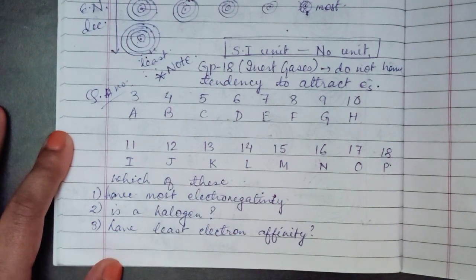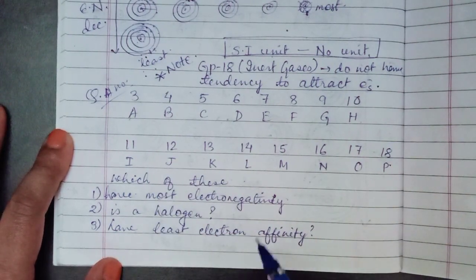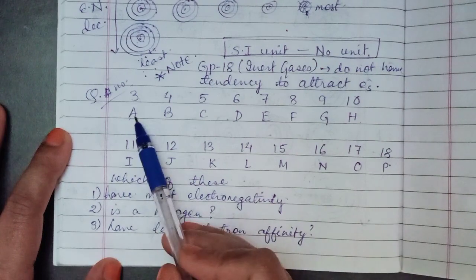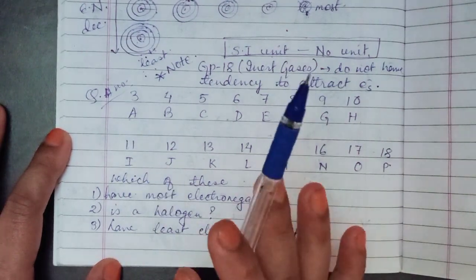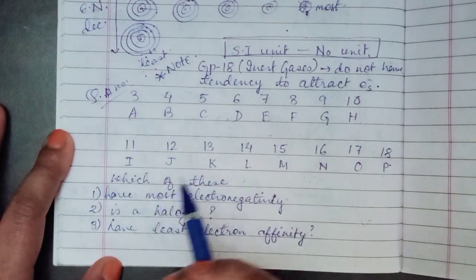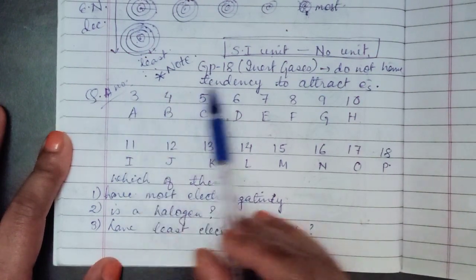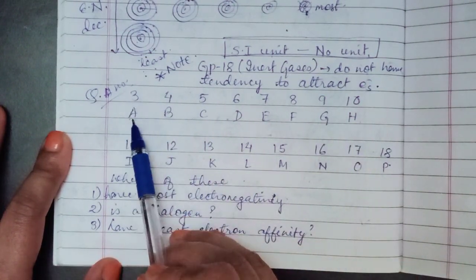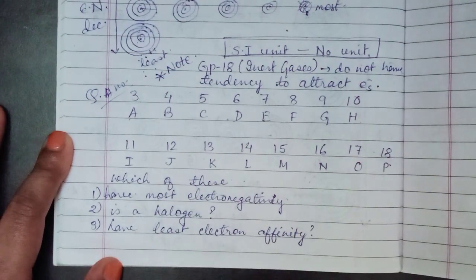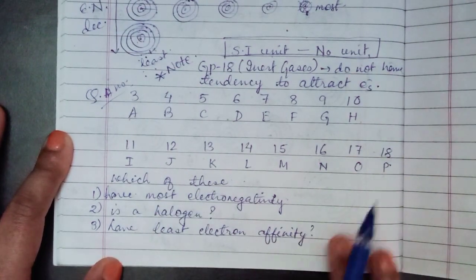Many students do that in exams, they put A or lithium or simply the symbol Li. So don't use that. If in the question it is given that 3 is A, then use A only. Don't write the actual element.